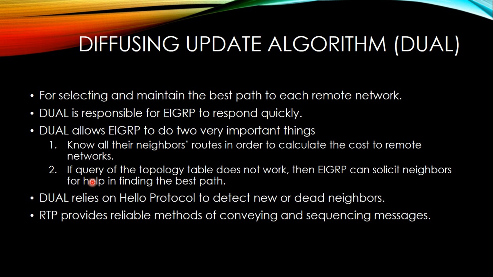And then also, if query of the topology table does not work, then EIGRP can solicit the neighbors for help. So if router 1 looks in its topology table and can't find the answer that it's looking for, it can reach out to its neighbors and say, hey, which is the best route possible?